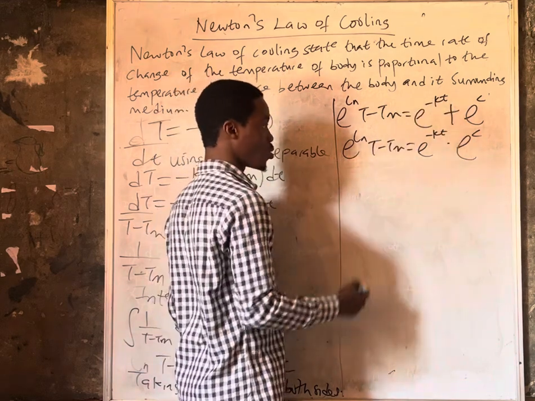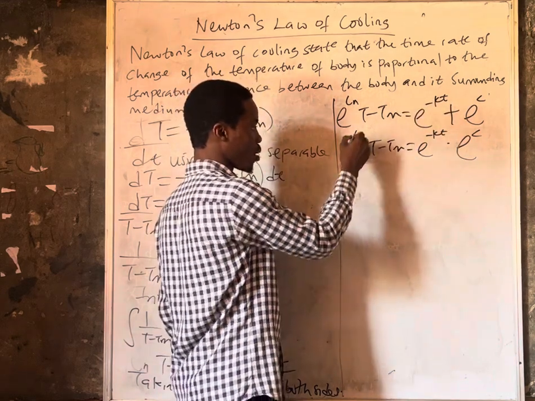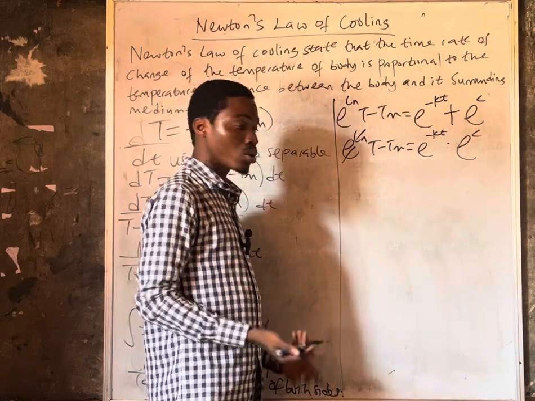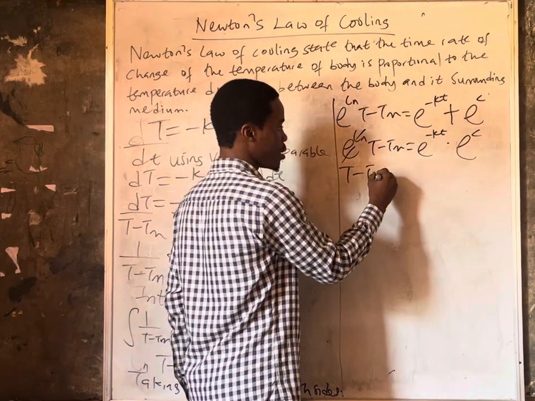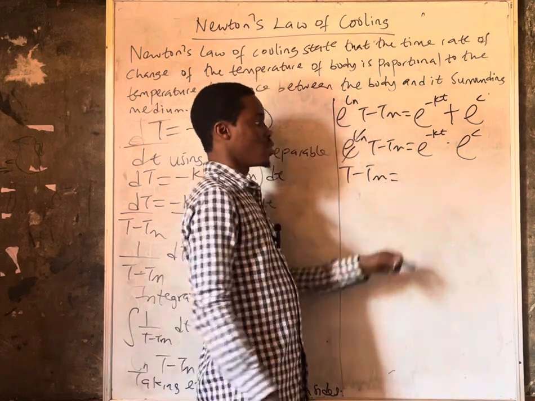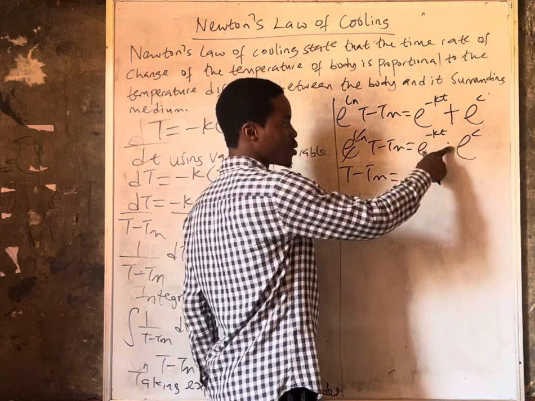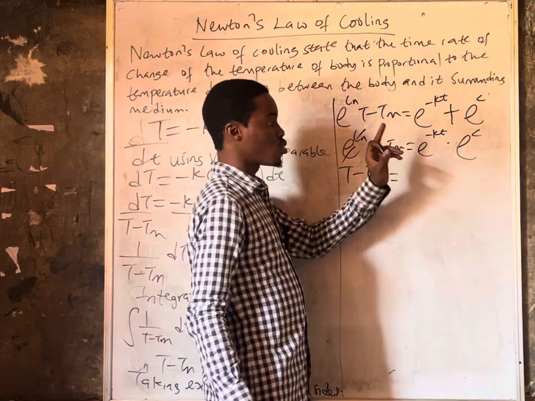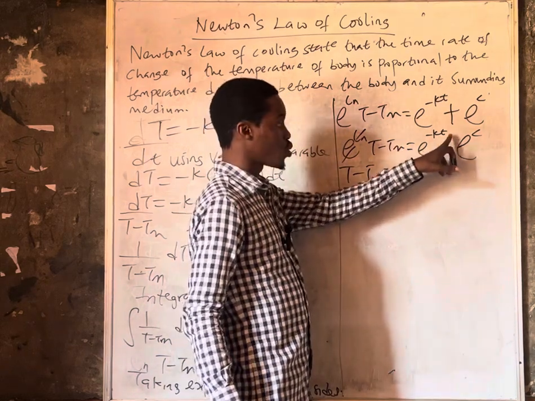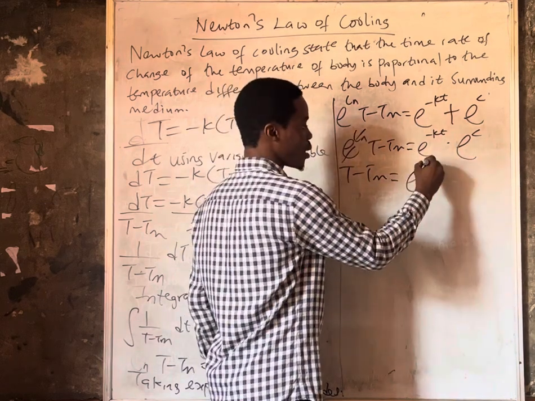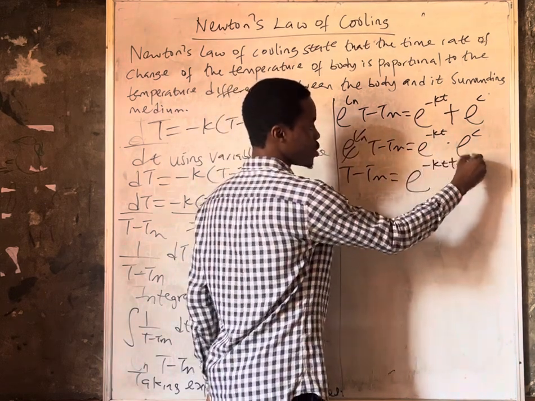Exponential and ln will cancel each other according to the law. So we now have T minus Tm is equal to, in the law of indices, when you have a times, we change the word to plus. Since the bases are the same, we take it at once: exponential of minus kt plus c.